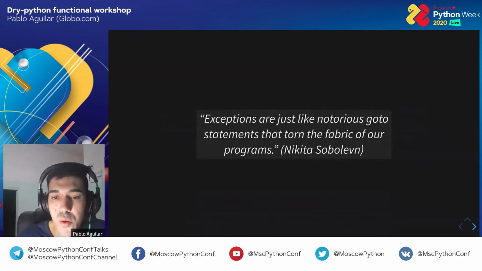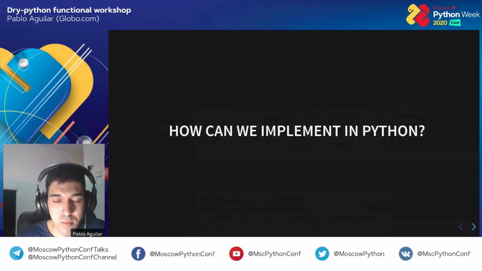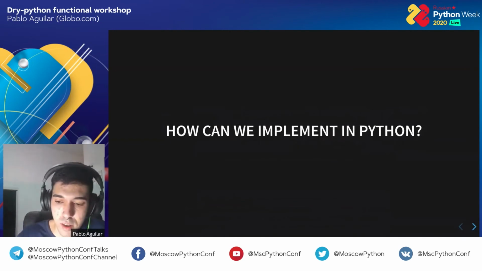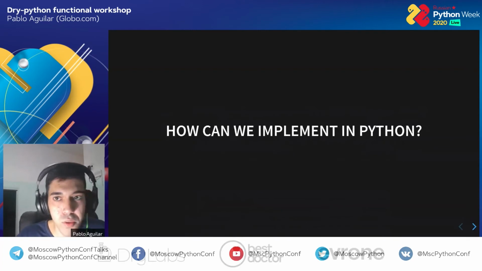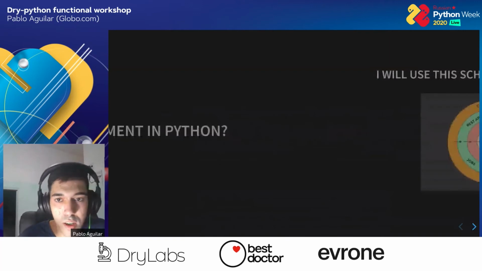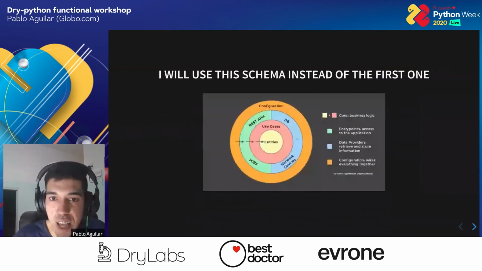So how do you implement clean architecture joined with railway programming in Python? Before I show code, I want to show this image here. Essentially, it is the same schema that I showed you a few slides ago, but this schema has a more practical view of the clean architecture.